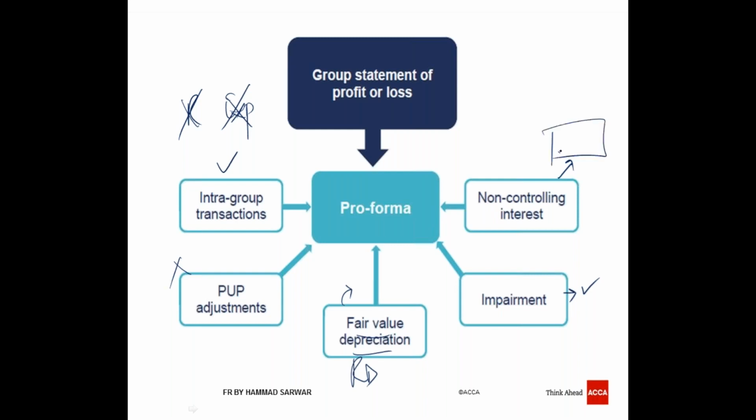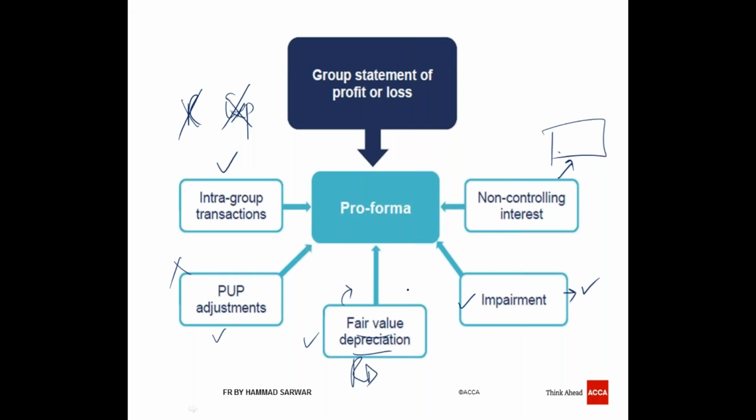So remember this point, that whenever we are going to adjust anything in the consolidated P&L, we never apply the percentage. Never apply the percentage on the impairment loss, never apply the percentage on the unrealized profit or depreciation.